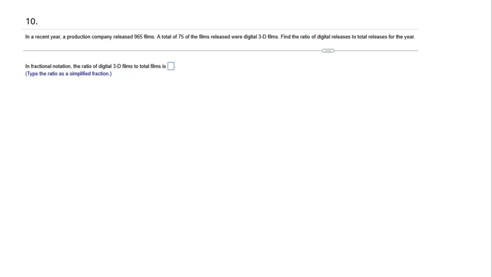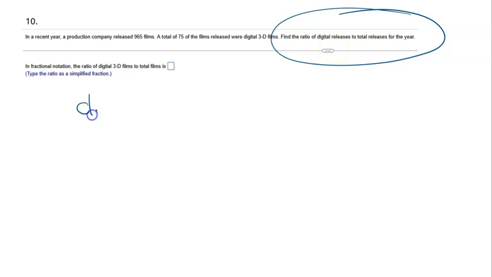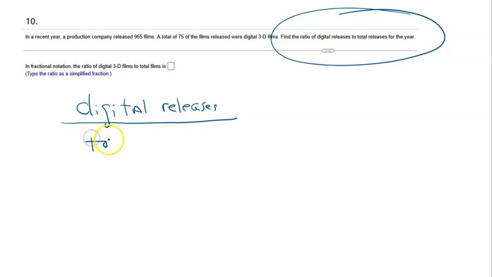So again, if you find these word problems overwhelming, I highly recommend writing words for your ratio. So it says find the ratio of digital releases. Remember the first value goes on the top. So digital releases. And then you have to, which means the next thing is going to be a denominator, total releases.